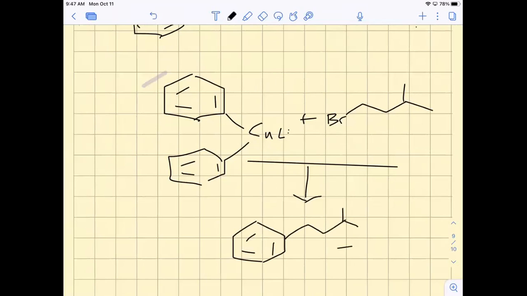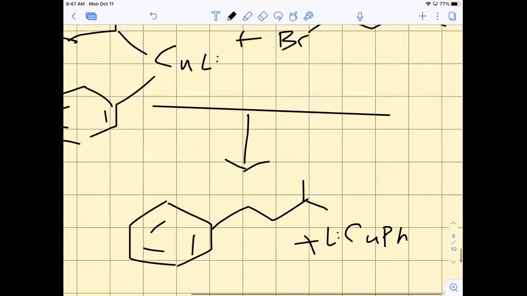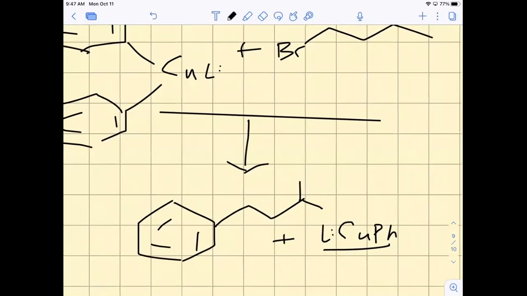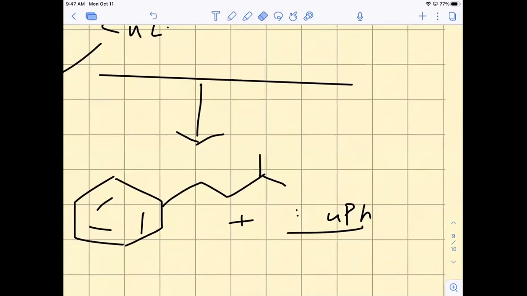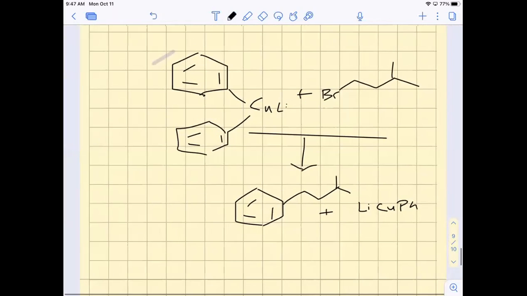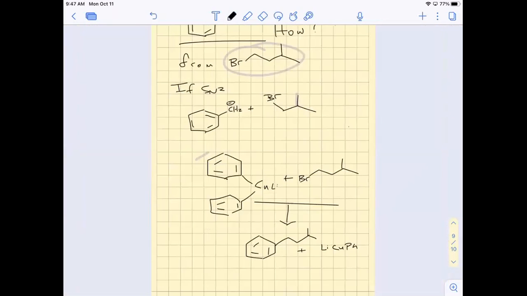That plus, I'm just gonna put Ph because you got one left. Right? Absolutely. Dr. Russell, could you zoom out a little bit? I will. I'm just trying to make sure that the further I zoom out, the worse my handwriting gets. So I have to zoom in so I can write halfway decent. I'll zoom back out. So this is a substitution method, and then this is an organometallic method.